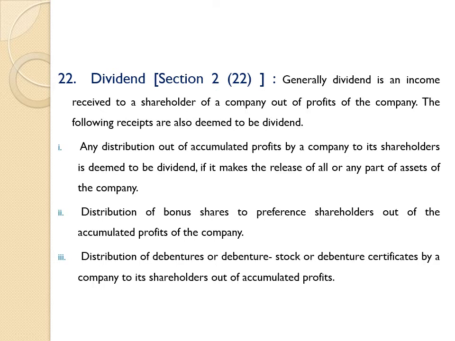Distribution of bonus equity shares to preference shareholders from accumulated profit of the company is termed as dividend. Distribution of debenture, debenture certificate or debenture stock by a company out of accumulated profit to its shareholders is deemed to be dividend.